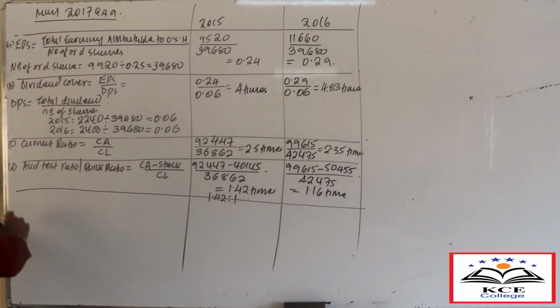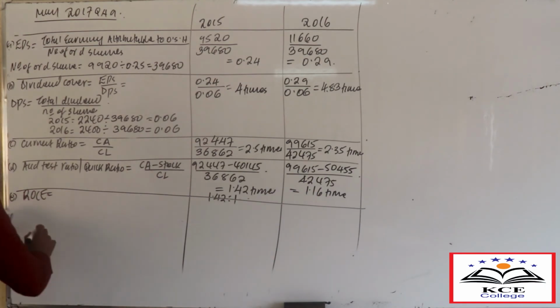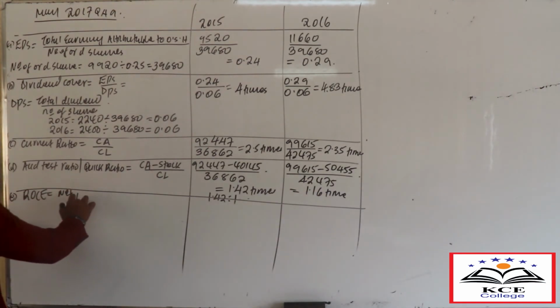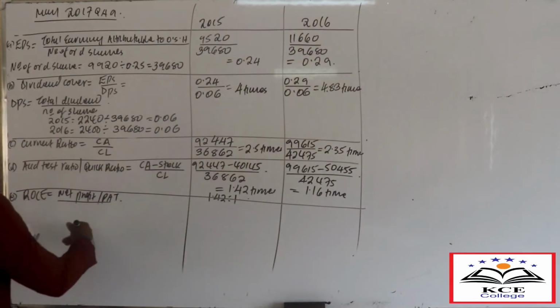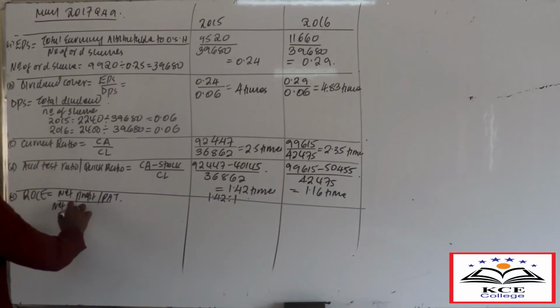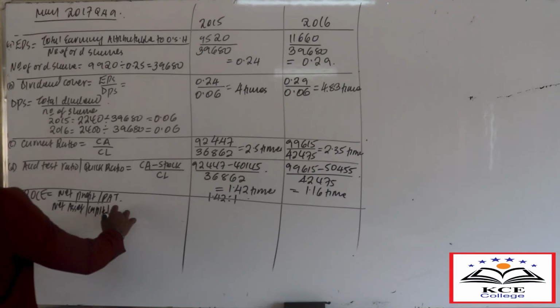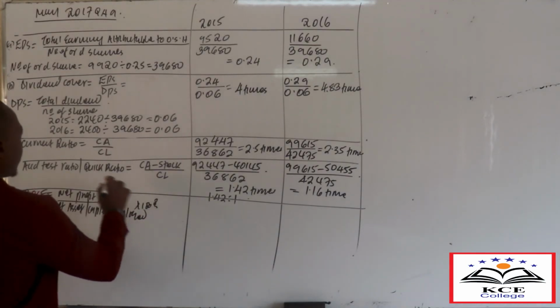Then lastly, number 5, we have to compute return on capital employed. How do we get return on capital employed? We say that to get the return on capital employed, you take the net profit or the profit after tax, you divide by the capital employed or the net asset, then you multiply by 100%.